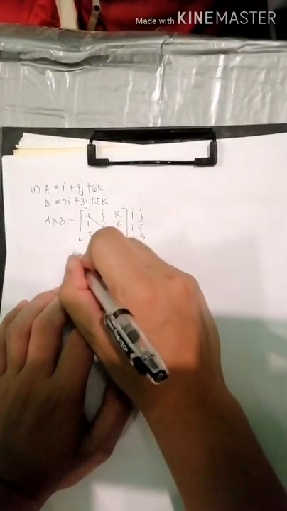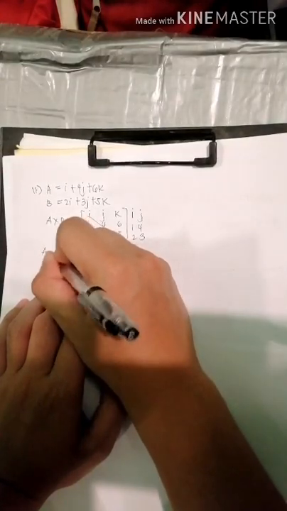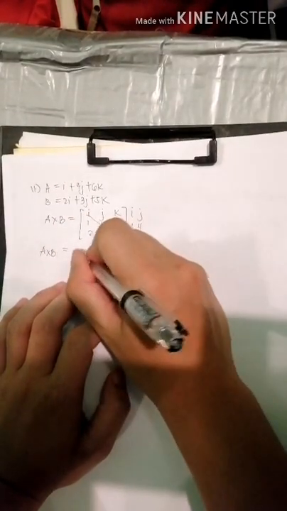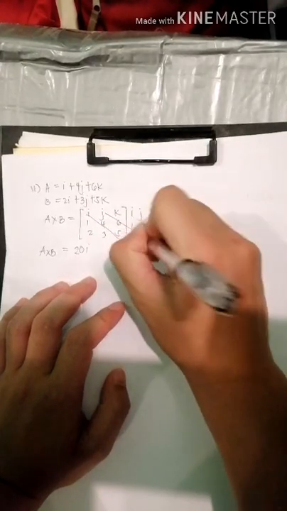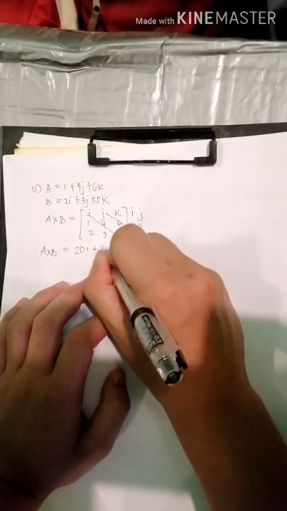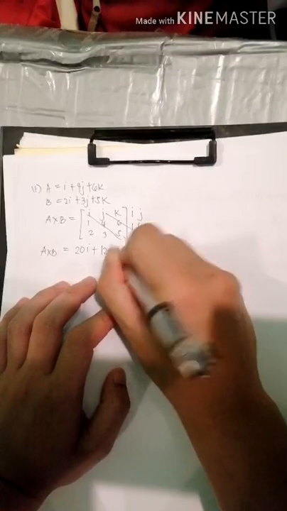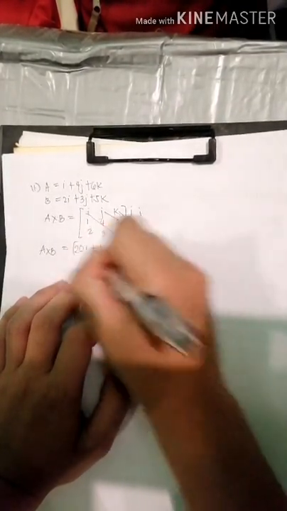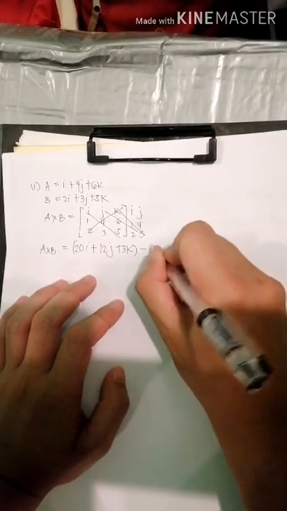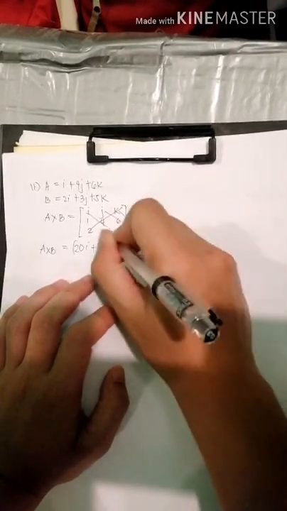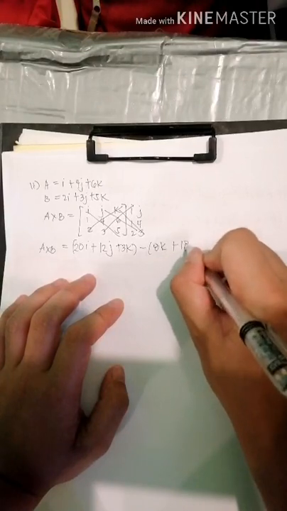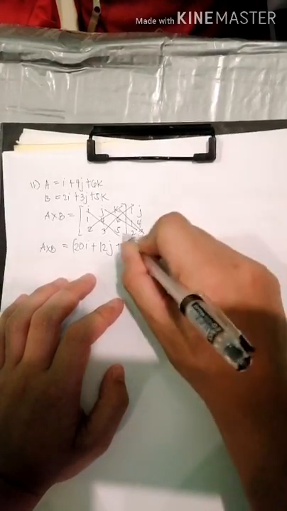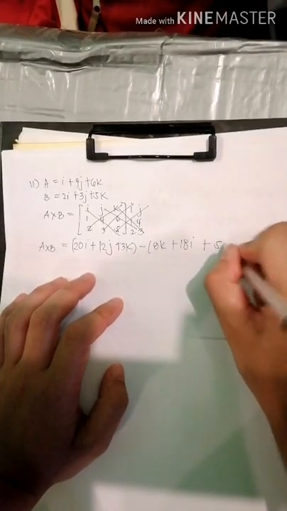So, diagonal first. Top: 20i plus 12j plus 3k minus 8k plus 18i plus 5j.